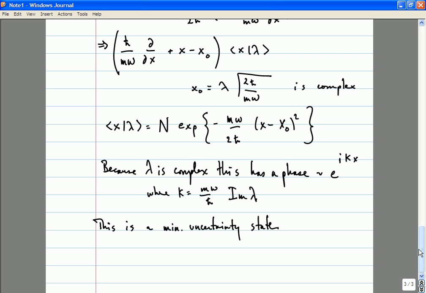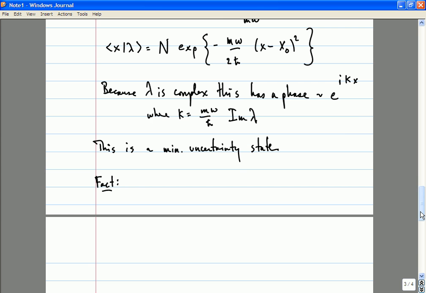And let me tell you another fact. This is a very easy fact to show. In fact, I don't remember if I asked you to show it on the next problem set. If I don't, I really should have. It was an oversight on my part. And you should all correct that oversight by proving it to yourselves. But it is a fact that's very easy to show that the expectation value of x of t in the coherent state is proportional to sine omega t.